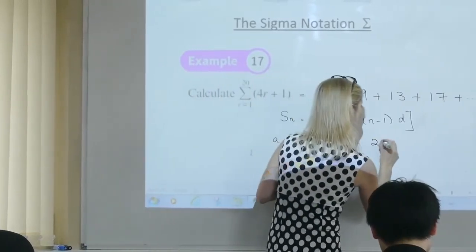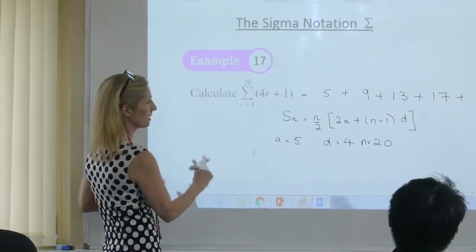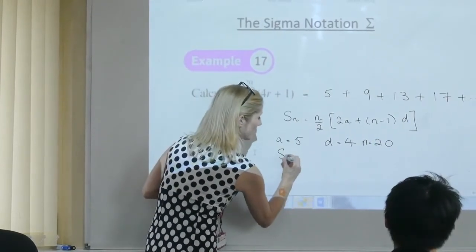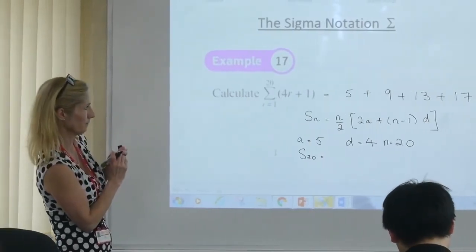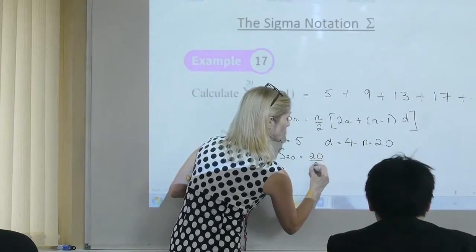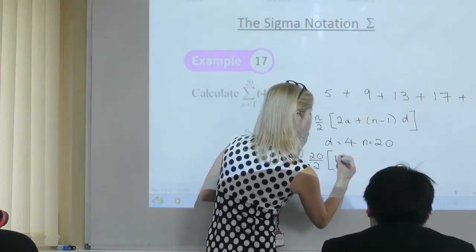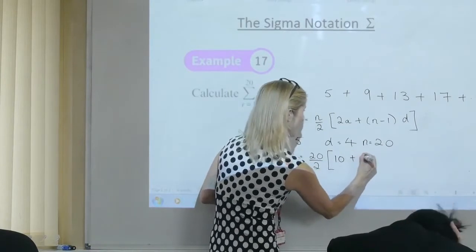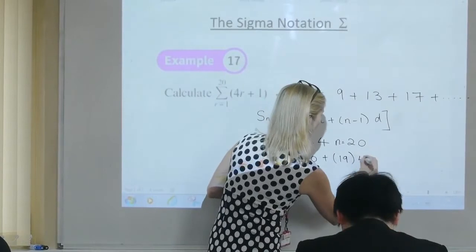So what you then do is you substitute all of this information into the formula to come up with the sum of the 20 terms. So, substituting in 20 over 2, 2 lots of a, which is 10, plus n minus 1, so that's 19 lots of 4.